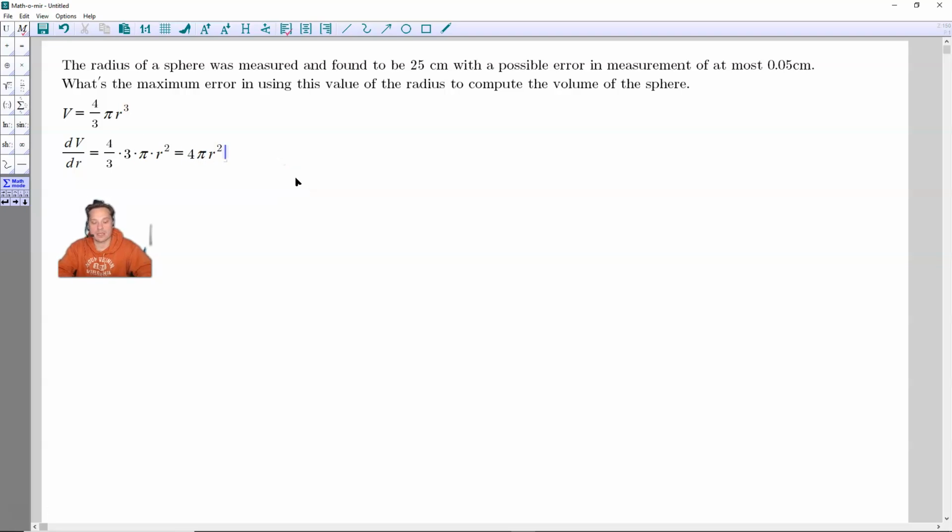r squared. And then, after that, you need to get dV, which is an approximation to delta V. In other words, dV would be equal to, you multiply through by dr on both sides.